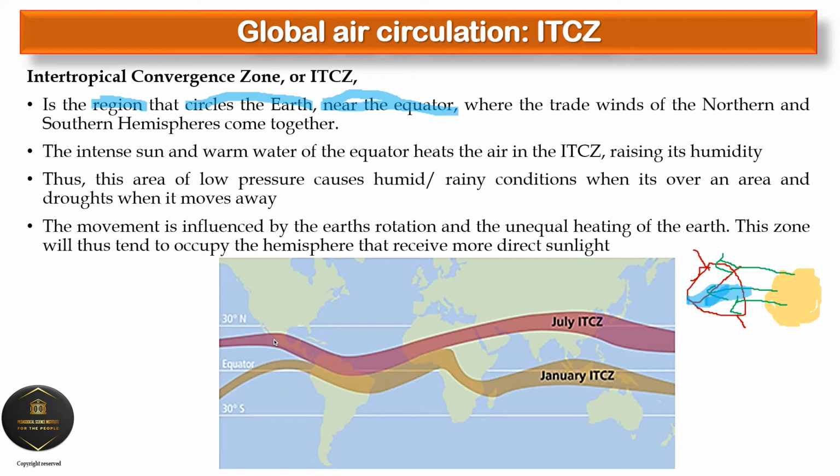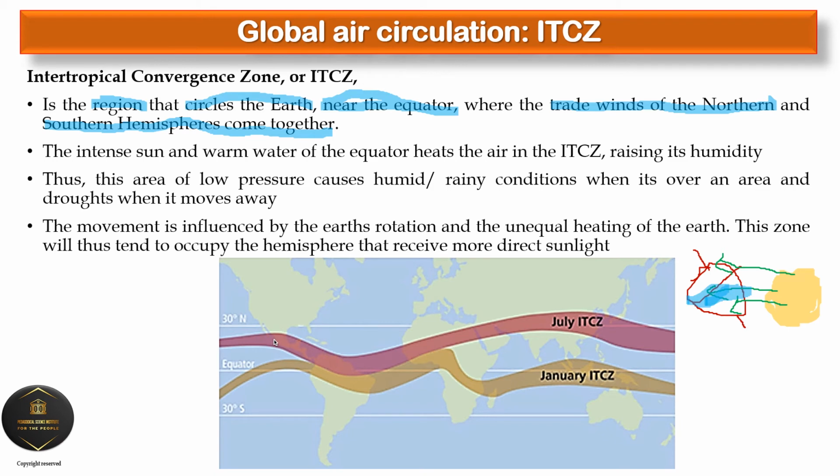Because the Earth is tilted, the equator is somewhat skewed a bit. Now it means the ITCZ will always face towards the Sun. And we say that this is a region where trade winds of the northern and southern hemisphere come together. So the trade winds, remember the trade winds we spoke about, they all flow towards this region, which is the ITCZ.